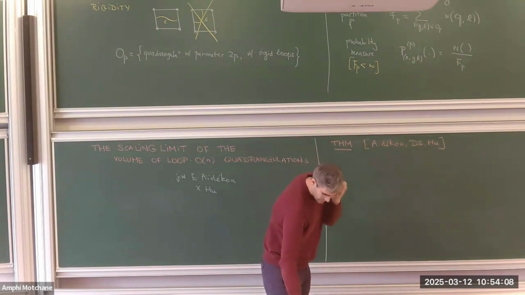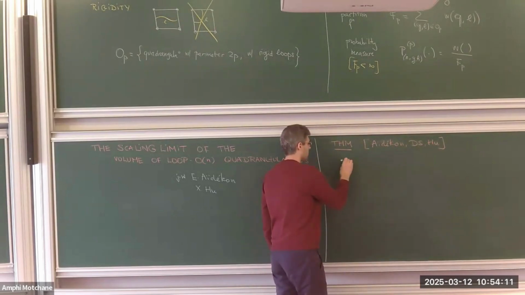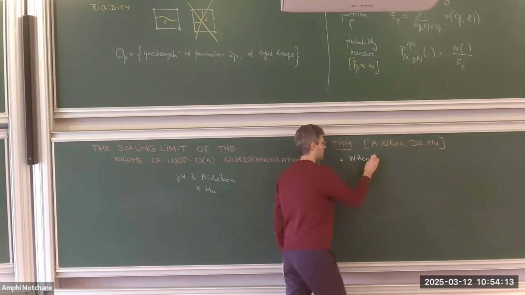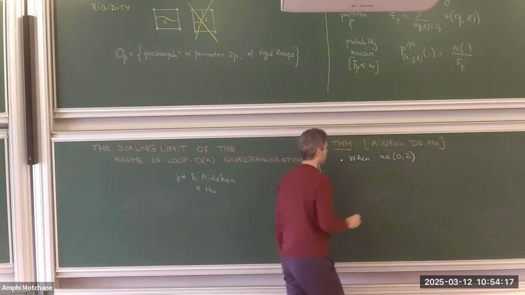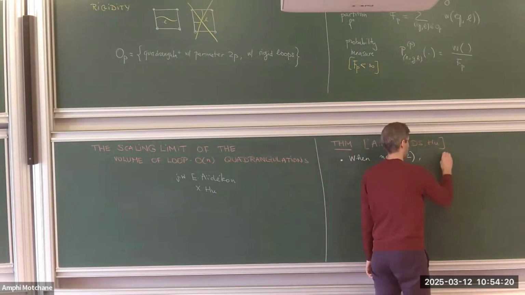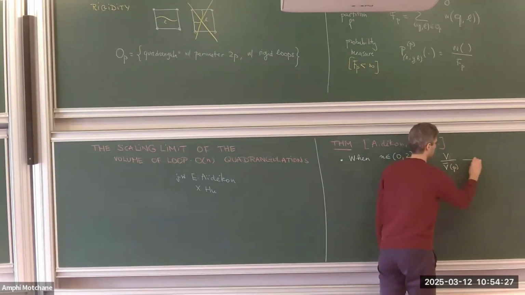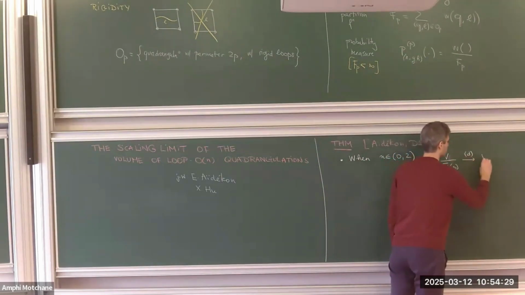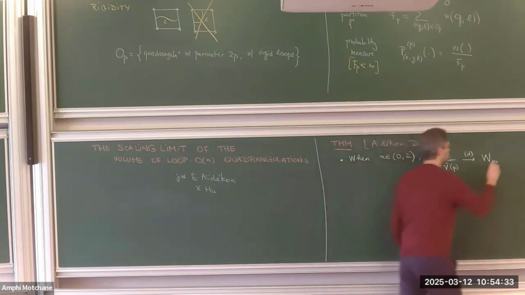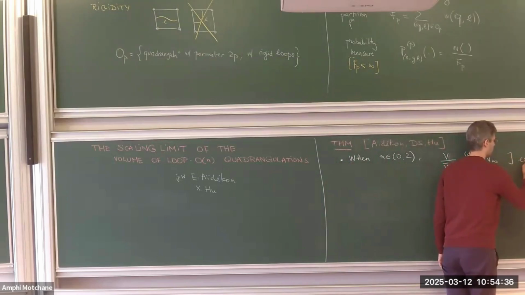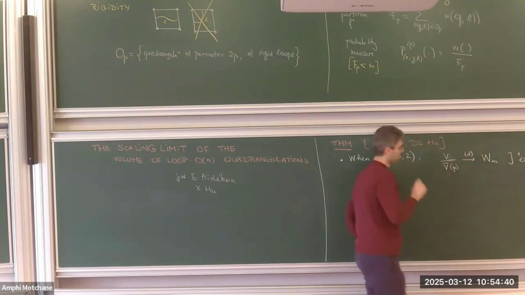And it says that, first, if you look at n between 0 and 2, then the volume divided by P to the power of the exponent converges in distribution to some random variable, which by the way is explicit.